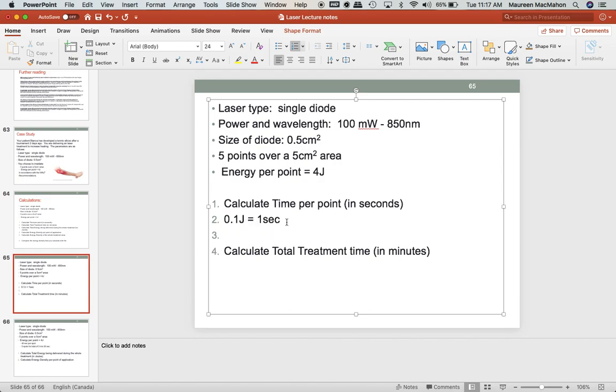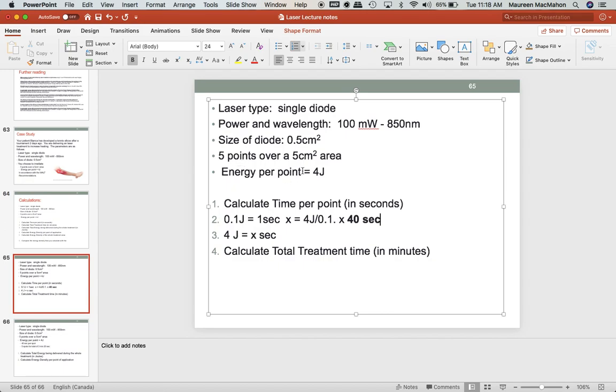We want 4 joules in X amount of seconds, right? So X equals 4 joules divided by 0.1. X, our time, is going to be 40 seconds. Does that make sense? So our time per point is going to be 40 seconds.